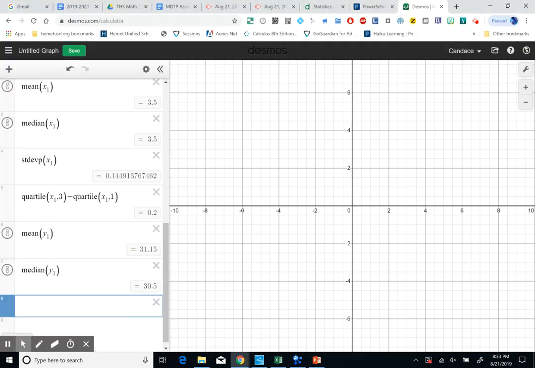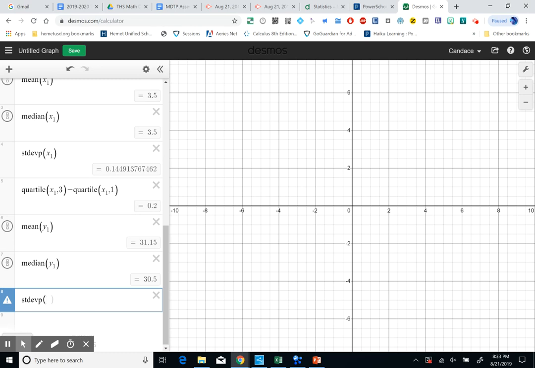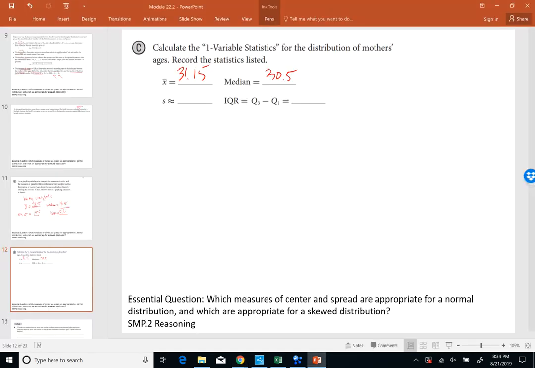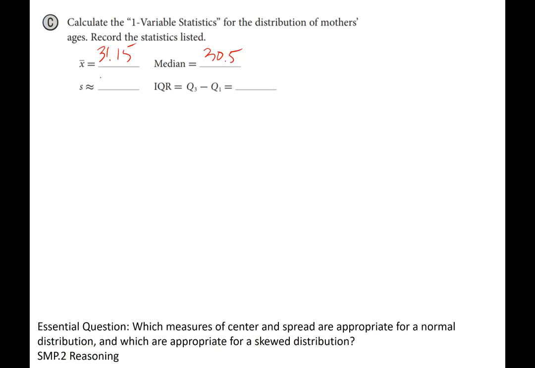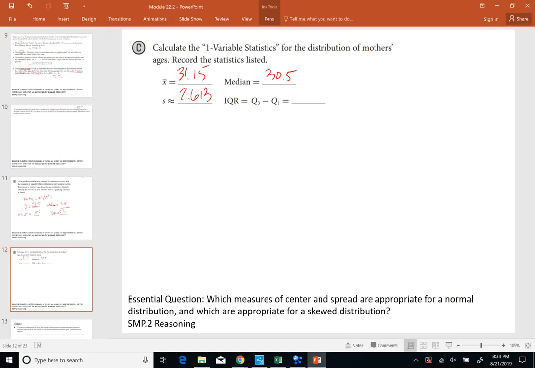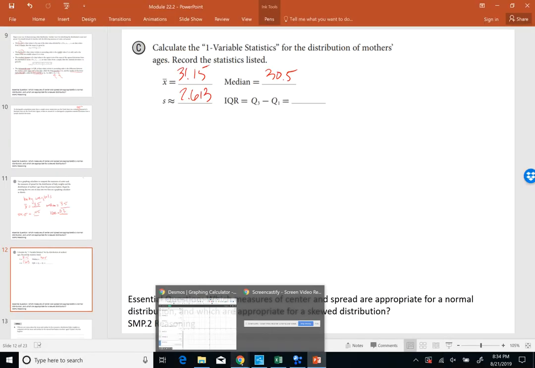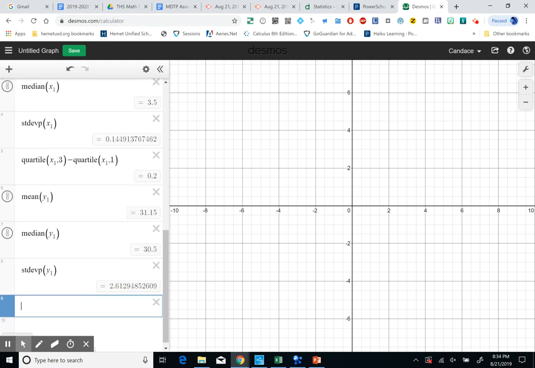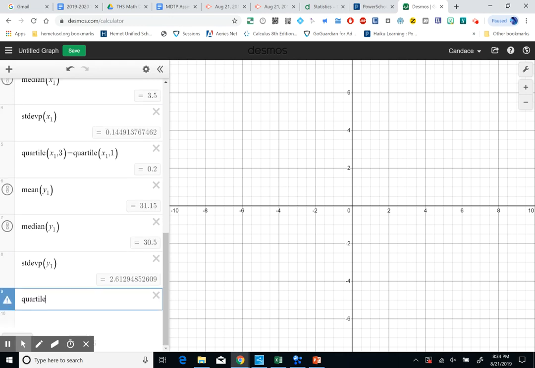Then we're going to do standard deviation population for column Y sub 1. And we get 2.613. And then we've got to do our interquartile range, or IQR. So we're going to do quartile.